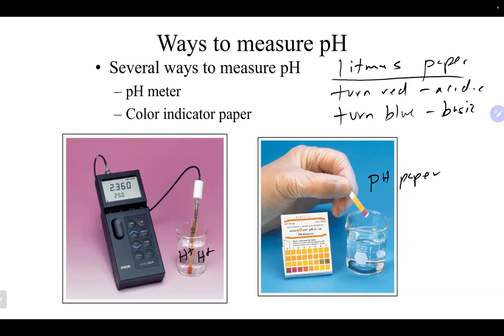Sometimes you just want to know is it acidic or basic, not really what the pH is, so we use litmus paper a lot. If you want something more specific about the pH, a pH meter is a good way to go, or you can use pH paper. Obviously, a pH meter would be much more accurate, probably.